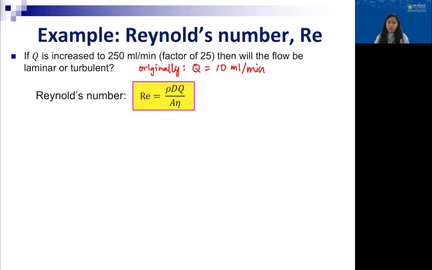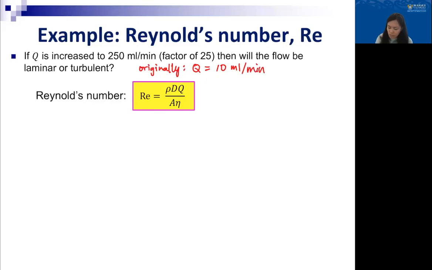We just converted milliliters to meter cube and then minutes to seconds, but originally the flow rate was 10 milliliters per minute. So if you increase it to 250 milliliters per minute, then that's a factor of 25. You've increased the flow rate by a factor of 25. So how will the Reynolds number change? Do you think it will still be laminar or turbulent?